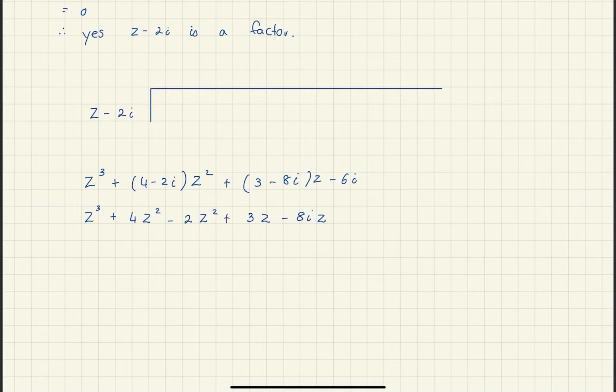Just as well I saw that. So that is an i there as well: 2i z squared. So that is our imaginary part of that term. And finally I've got take 6i. So you can see it's very similar, but it is a little bit easier to work with when doing these kinds of questions.